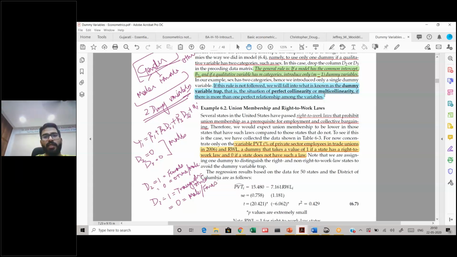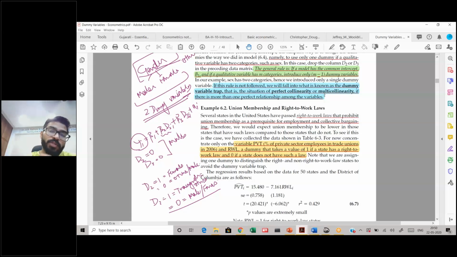So essentially now you're talking about the case where, suppose this yi was your average consumption. Beta 1 is your average mean consumption for males. b2 is going to tell you the difference between male and female. Remember, if you want to find out the average for female, it is going to be b1 plus b2.